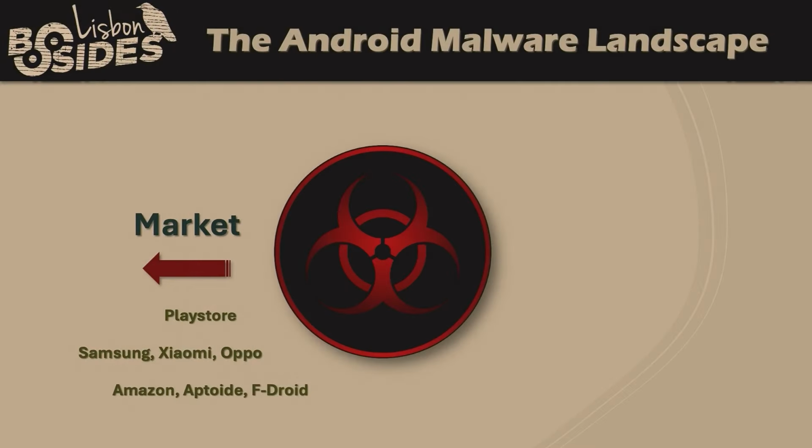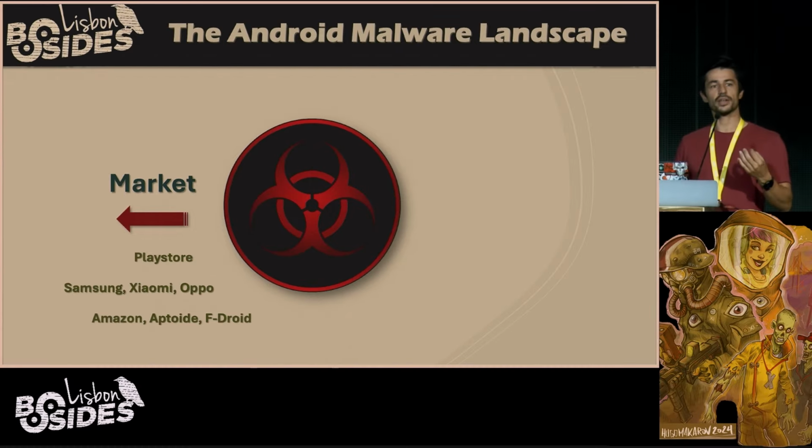Yeah, so let's talk about how modern malware looks like currently. There are two main categories. First one, malware in the market. Market is applications where you can get them on Play Store or Amazon Store or other official marketplaces created by manufacturers, Samsung, Xiaomi, etc. These Android malware tend to hide the malicious behavior in more advanced ways than the off-market.